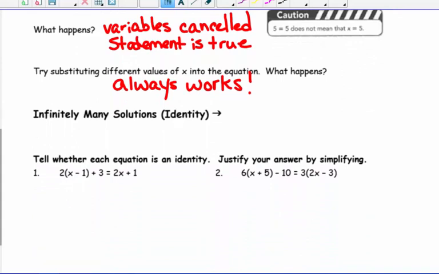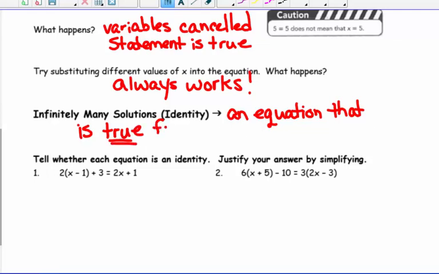An equation that is true for any real number. What is it? An equation that is true. So you get a true statement for any real number, in the real number system.